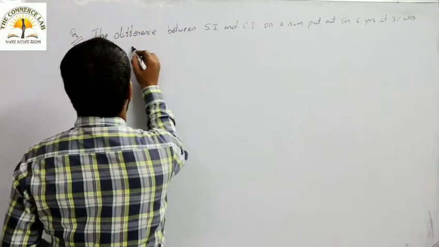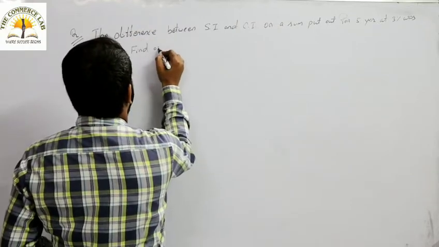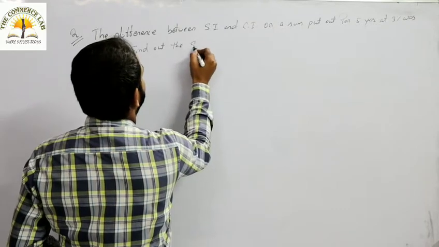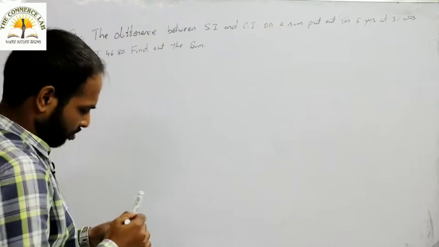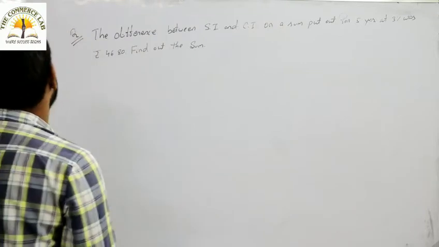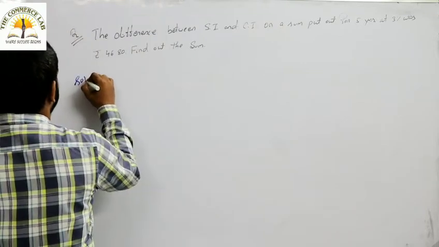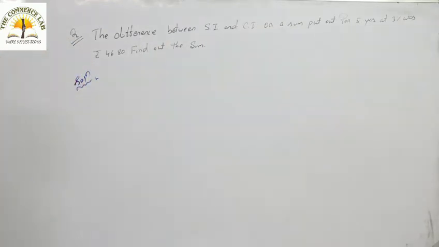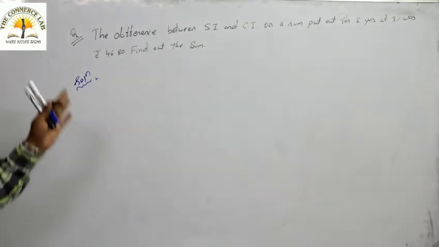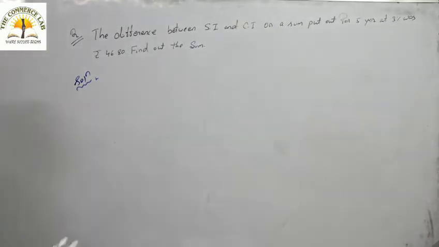Then find out the sum. So come to the solution part. The difference between SI and CI on a sum put out for 5 years at 3% was 46.80 rupees. Then find out the sum.